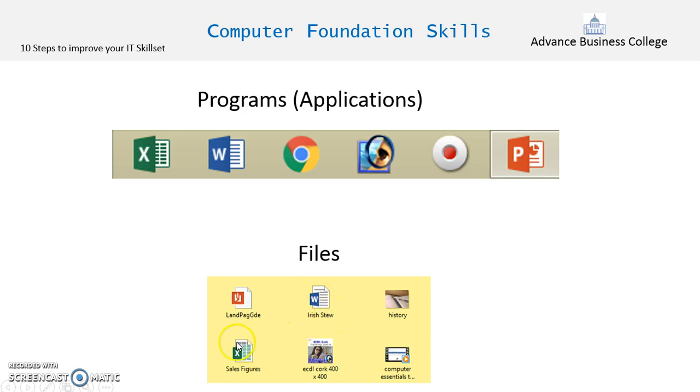Excel is the program here, another Microsoft program, and the file in this case is called Sales Figures. As you can see, a word processing program like Word is for text, generally speaking, and the Excel program is used for numbers and calculations.